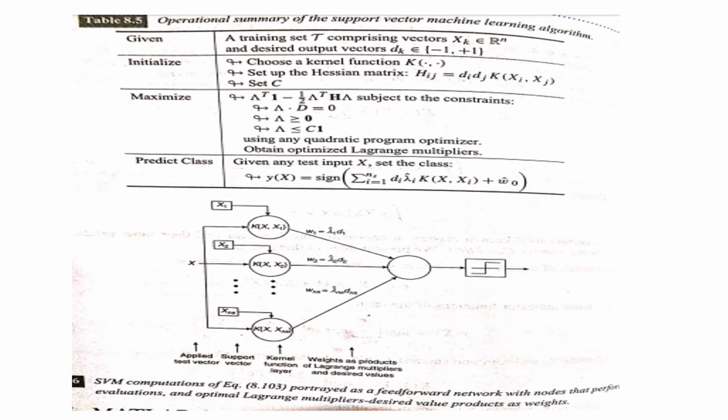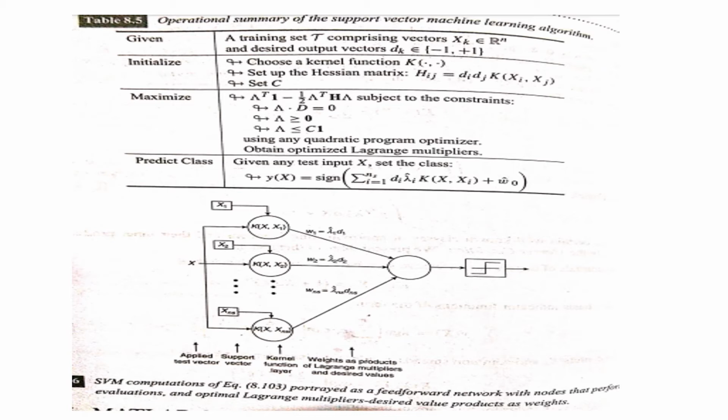We have seen in the previous classes how the Hessian matrix is used in the Lagrangian multiplier in order to optimize the function. So Hij equals di dj k of xi and xj. In the previous lectures we found that Hij equals di dj xi xj, but that was in the input space.